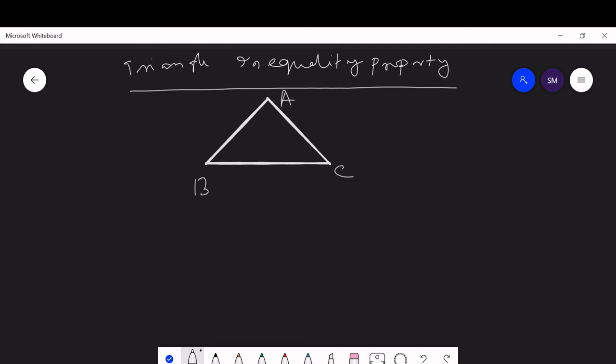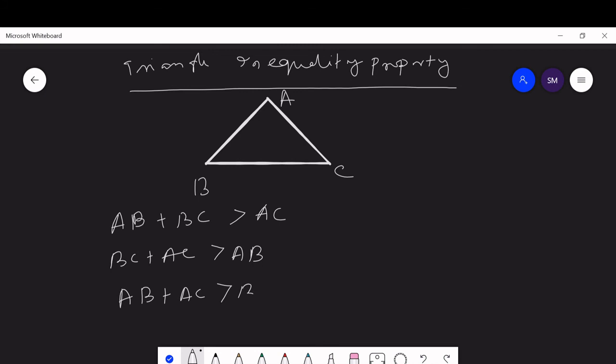The sum of the measures of two sides, AB plus BC, is greater than AC, and BC plus AC is greater than AB, and AB plus AC is greater than BC. The sum of two sides of a triangle is always greater than the third side. This property is called the triangle inequality property.